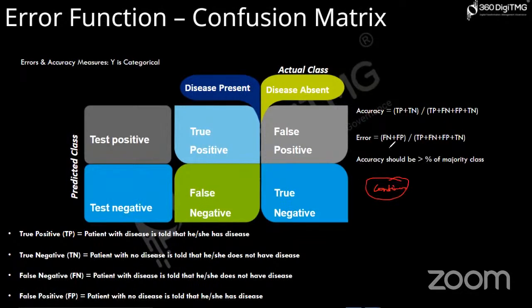If I have oil and industry data, my output values are continuous values, like price, maybe $20, $30, $40, $50. If I want to evaluate it, how can I do that? My actual value is Y and my predicted value is Y hat.